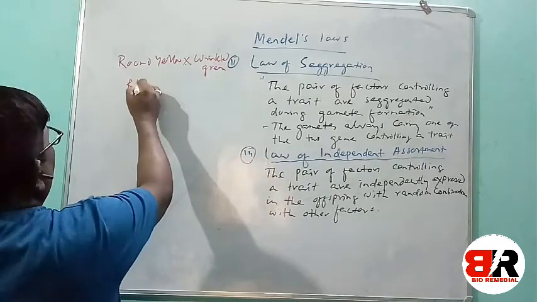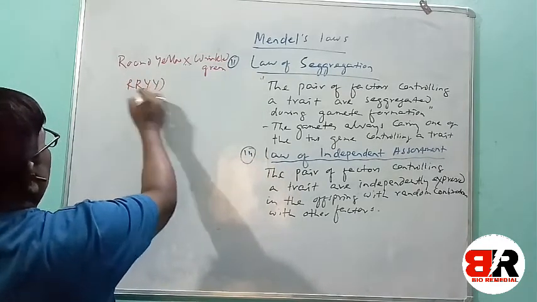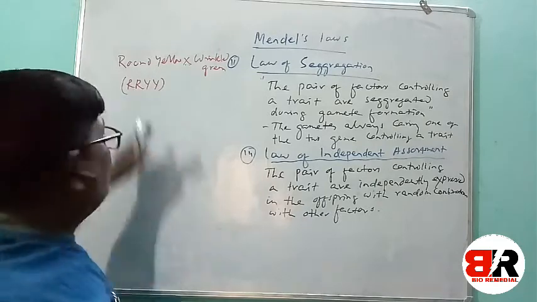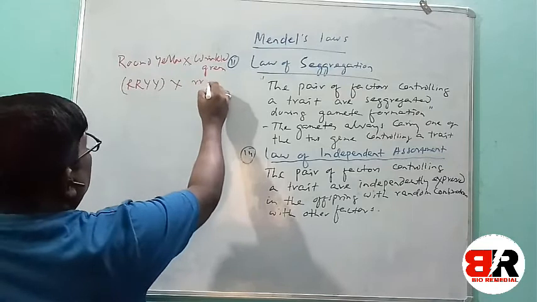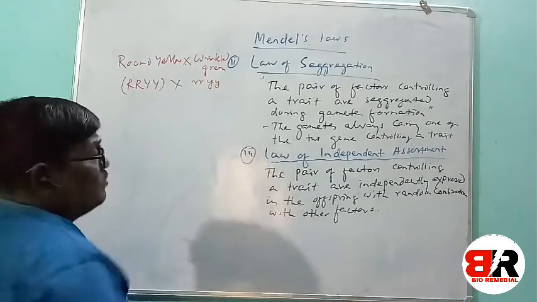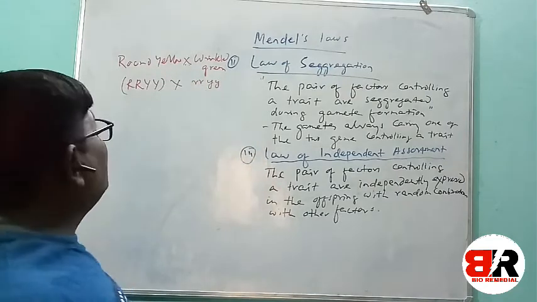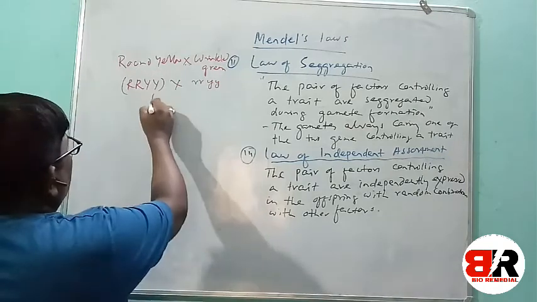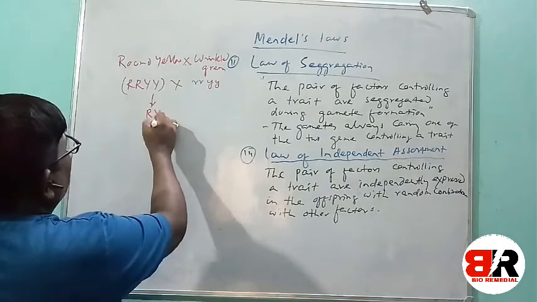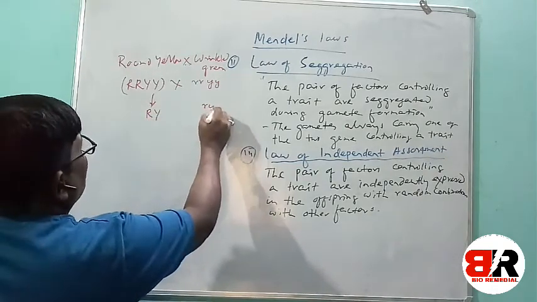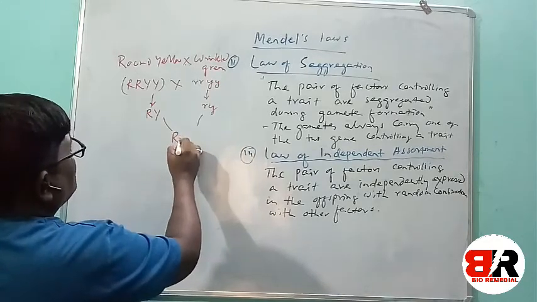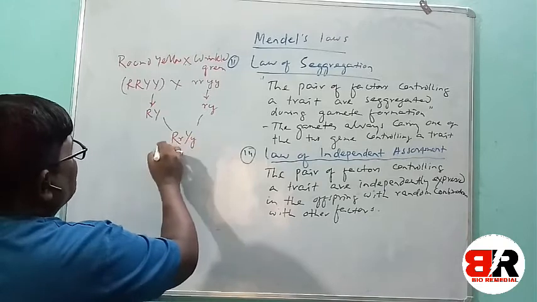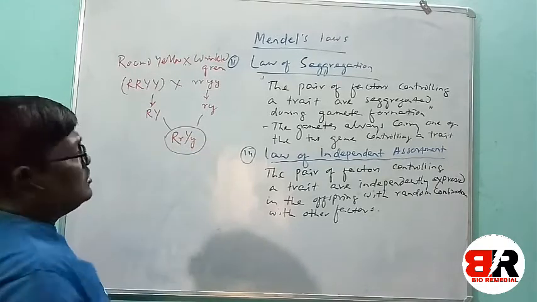This round yellow is symbolized by RR and YY: R for round, Y for yellow. When crossed with small r small r and small y small y, which represents wrinkled green, the gametes will be RY and ry. Then in the F1 generation, this will be capital R small r and capital Y small y.